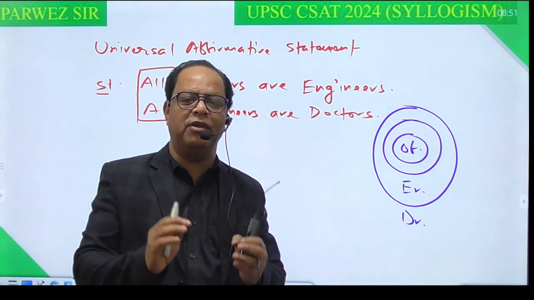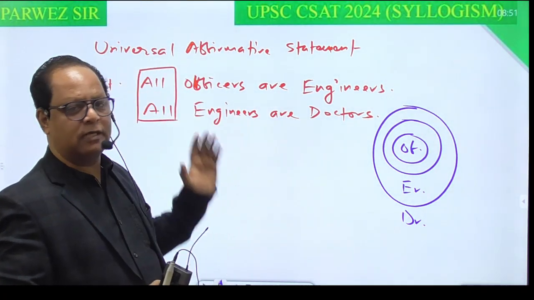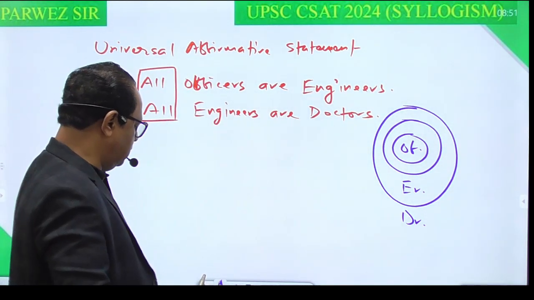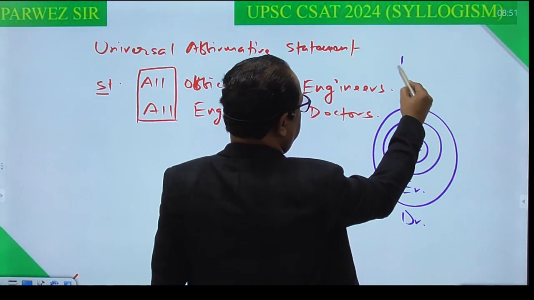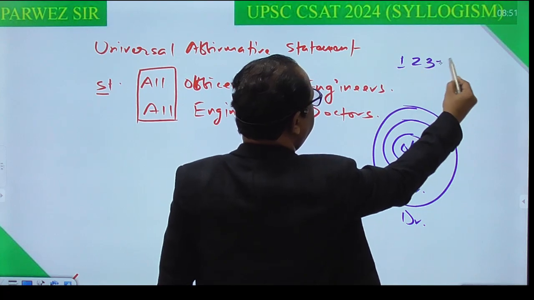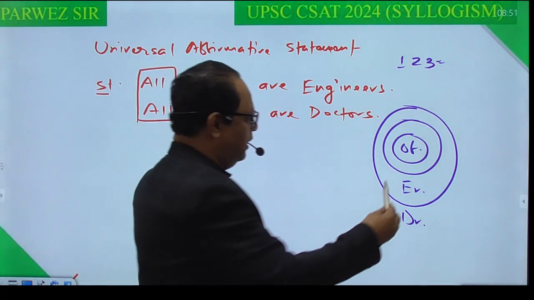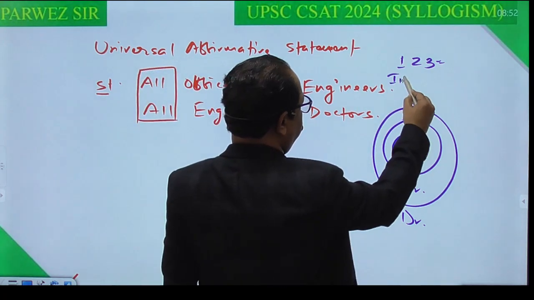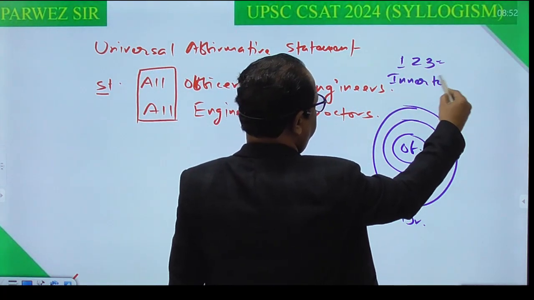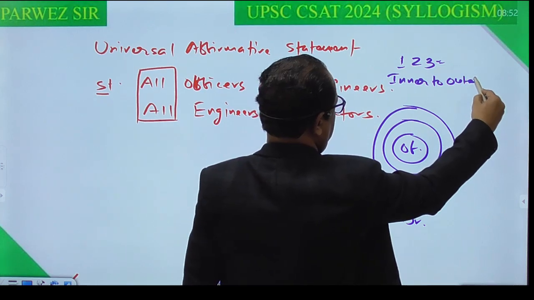Now how will we conclude these statements? Remember, here I am telling you some important things. When we are moving from inner side to outer side, remember this is called inner to outer.